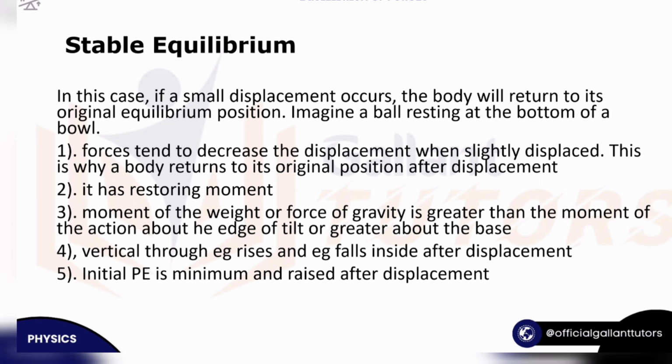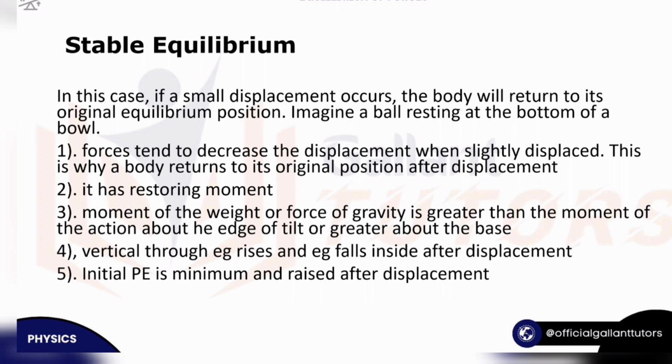Now, stable equilibrium, we now understand what equilibrium is. What is stable? Stable equilibrium means that this particular object, when it shifts, it still remains at that position, like it's still trying to stay at that particular position. Like if you say an economy is stable, it does not mean that that economy is not subject to change.